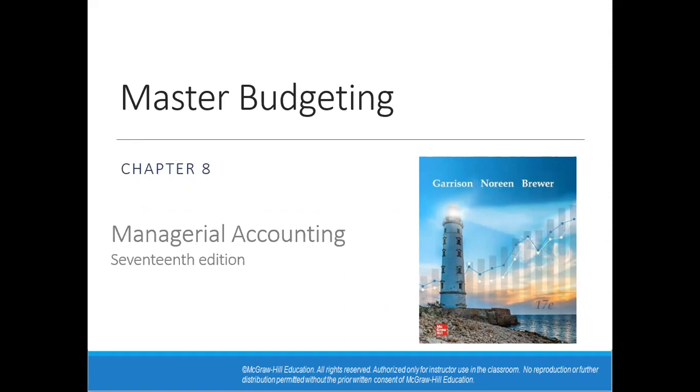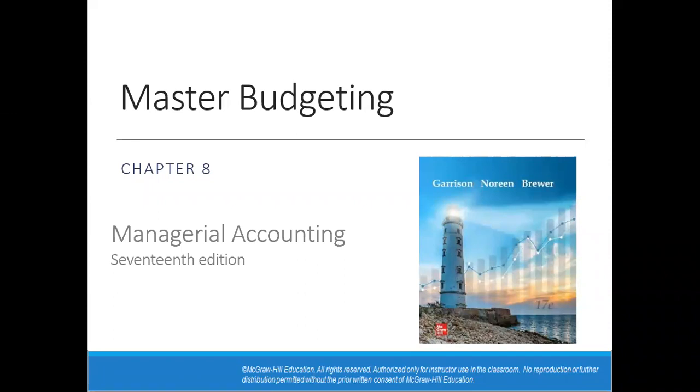Altogether, if I integrate all the budgets, sales budget, production budget, direct labor budget, direct materials budget, they create an integrated business plan. That is known as the master budget.